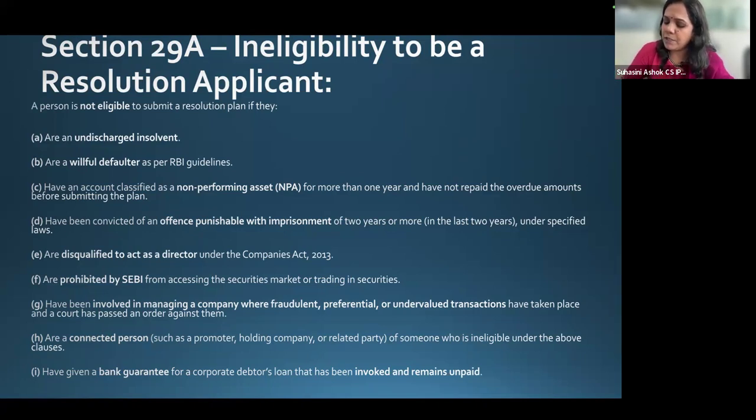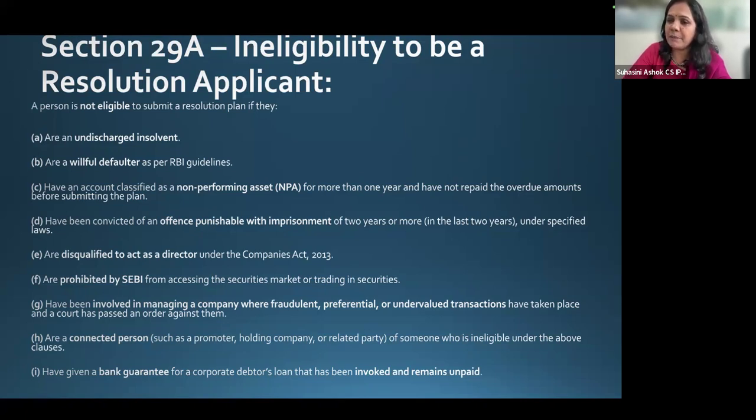Then clause H is a connected person, such as a promoter, holding company or related party of someone who is ineligible under the above clauses. So in relation to the above, if he is a connected person, again for the connected person definition we have to go back to the Companies Act here. The connected person should be a promoter or holding company or a related party of an undischarged insolvent who is submitting a plan.